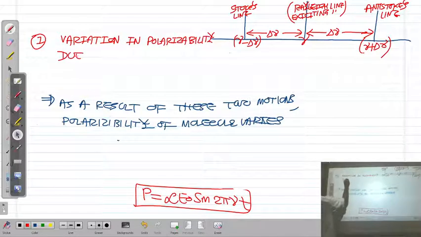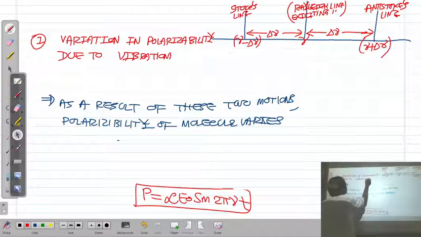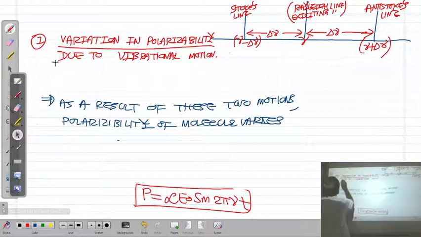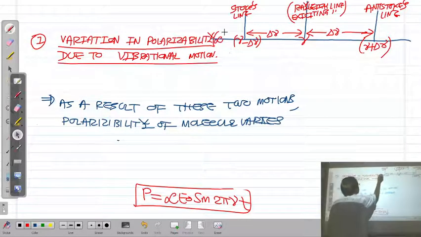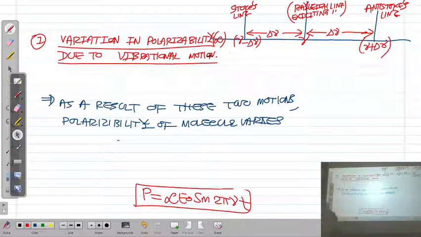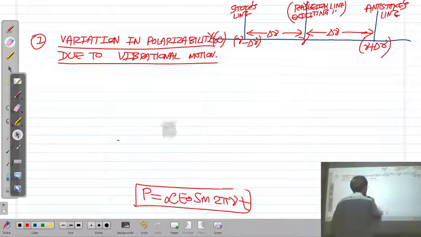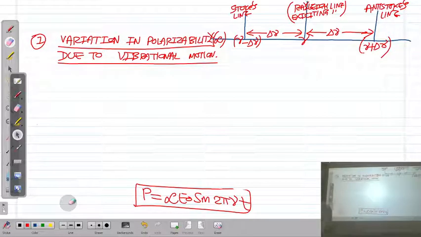Let us study the variation in the polarizability alpha of the molecule due to the vibrational motion. I am giving you how the polarizability is going to change with the vibrational motion of the molecule.